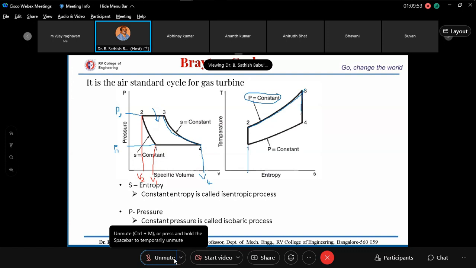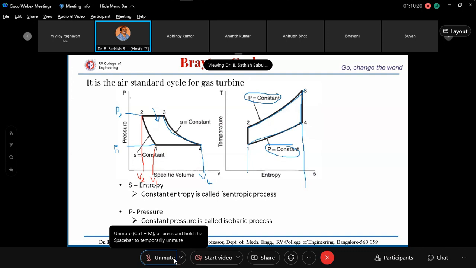So the temperature is decreasing and it is taking place at constant entropy. Then 4 to 1 is the condenser region, which is again happening at constant pressure. Since condensation is happening, there is a decrease in temperature.